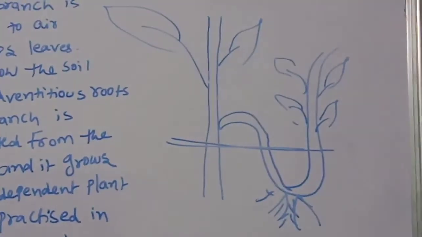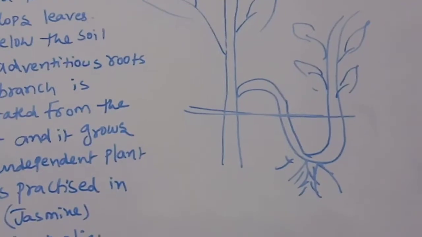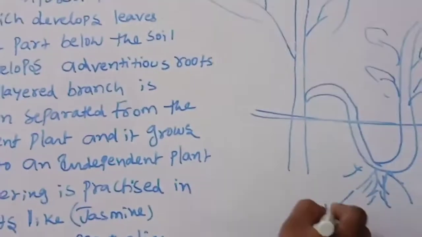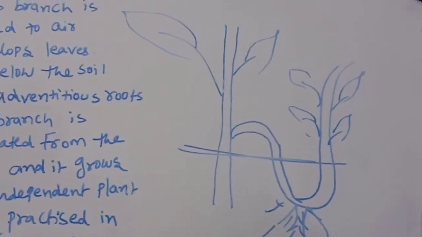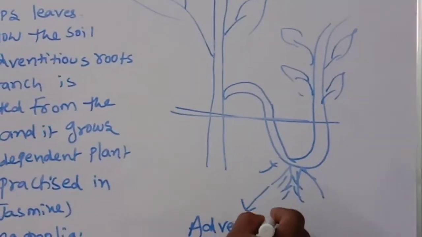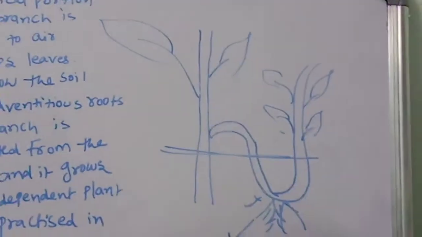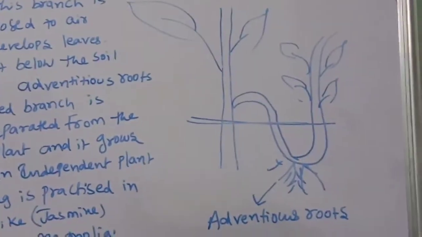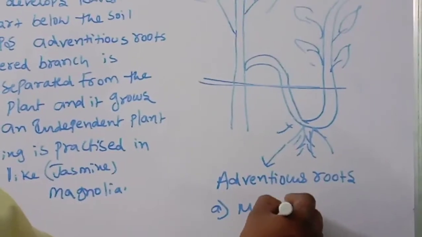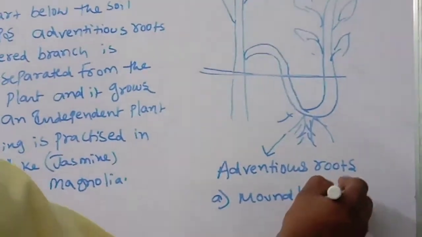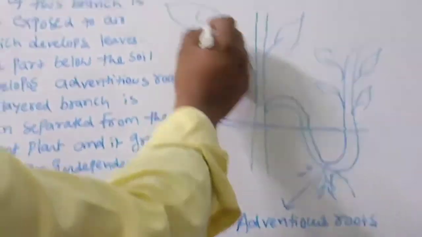This is what we call mound layering. What do you call these roots? Come on, adventitious roots. Okay, it is mound layering.